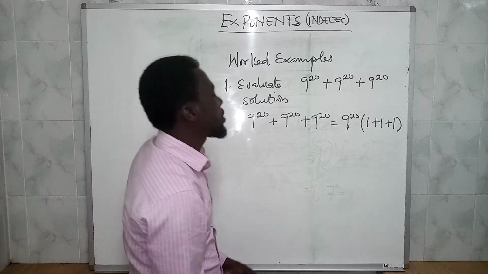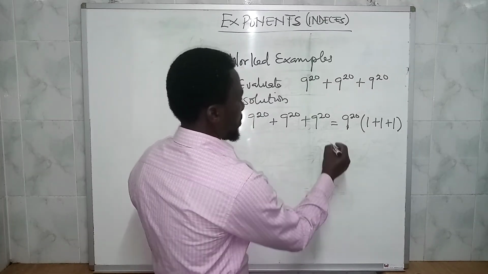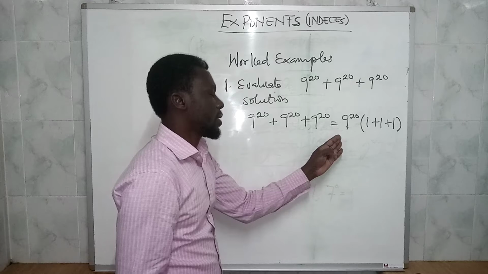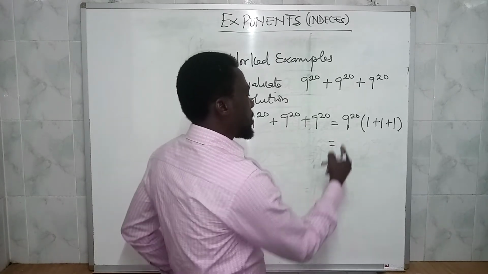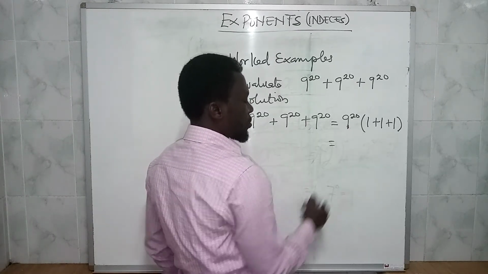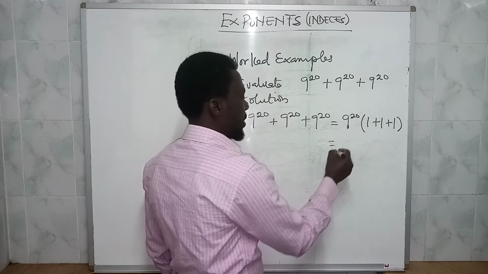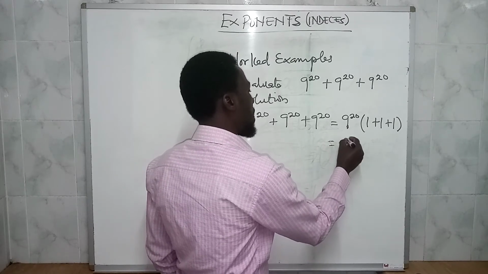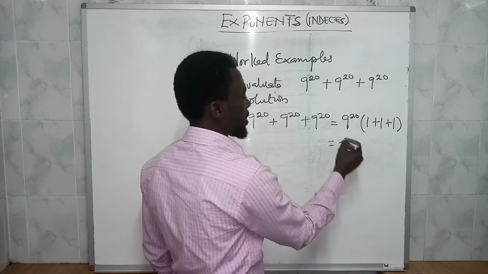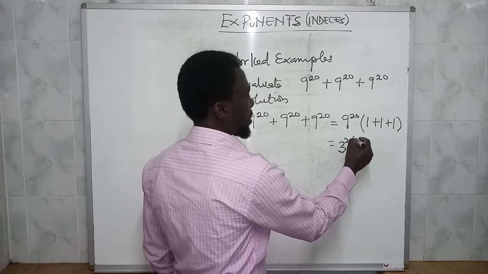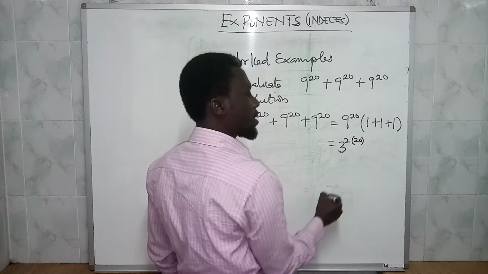So now, what are we doing? Now, this 9 is big also. We can break 9 using a base of what? 3. So we know that 3 squared is equal to 9, then we put a bracket, we put our 20 that was there.